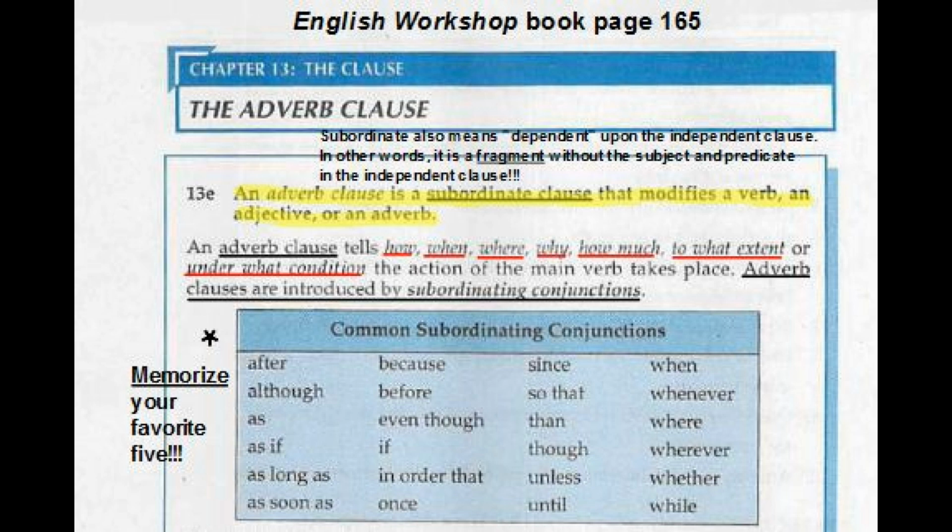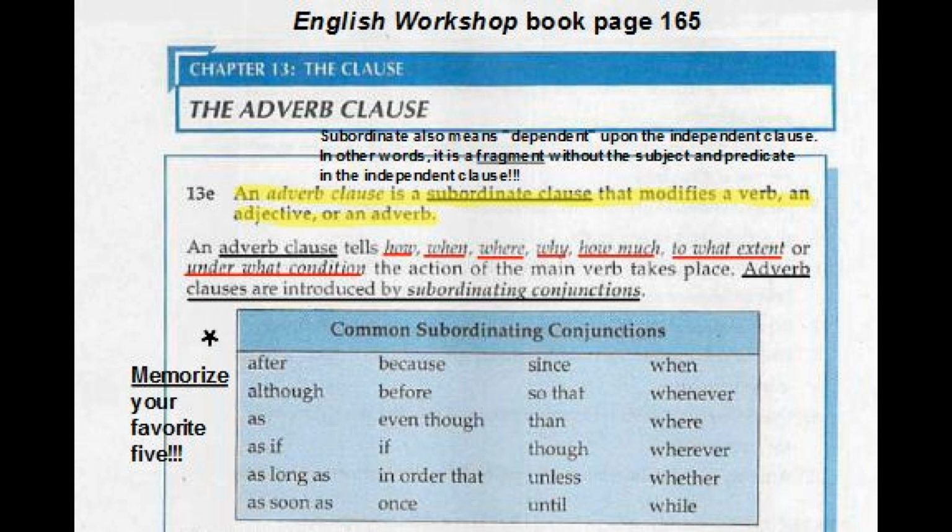After, although, as if, as long as, as soon as, because, before, even though, if, in order that, once, since, so that, than, though, unless, until, when, whenever, where, wherever, whether, while.